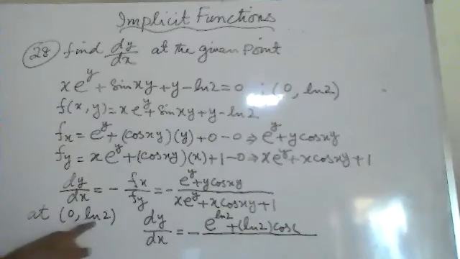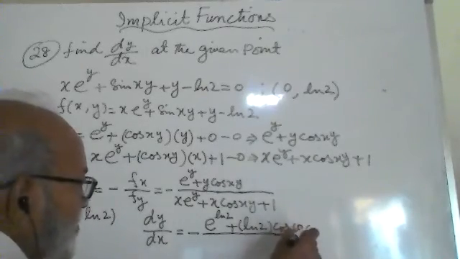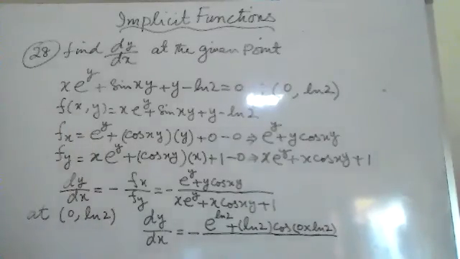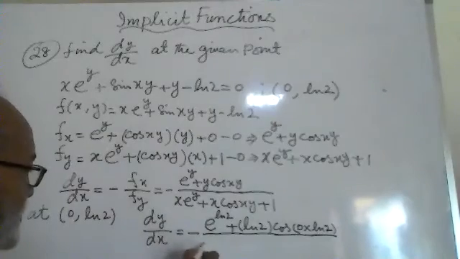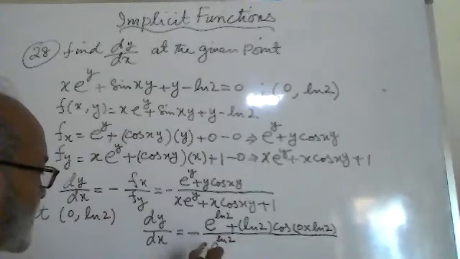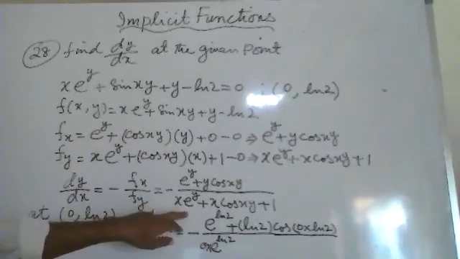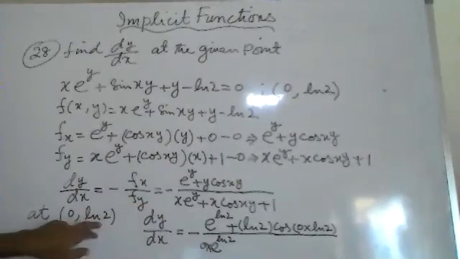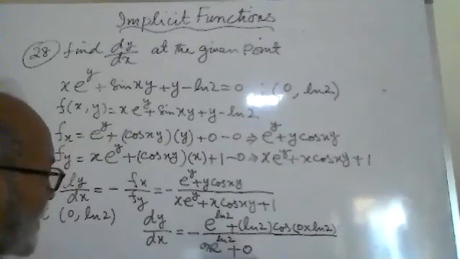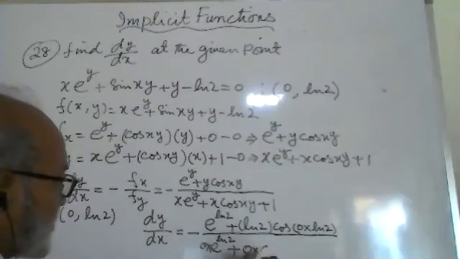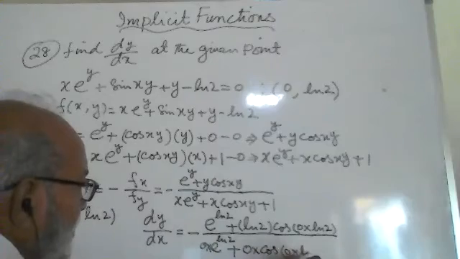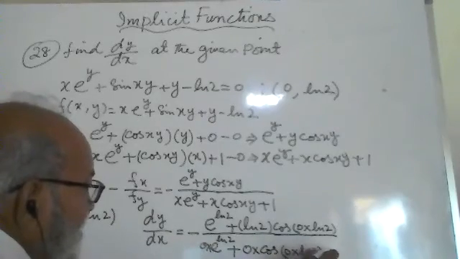X is 0, y is ln2, 0 into ln2, upon x, x is 0, into e raised to power ln2, plus x, 0, into cos of 0 into ln2, plus 1.